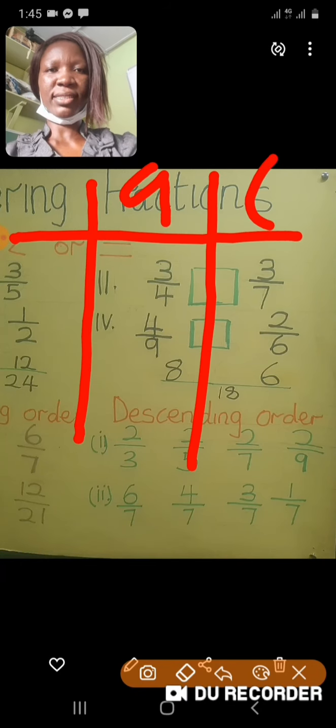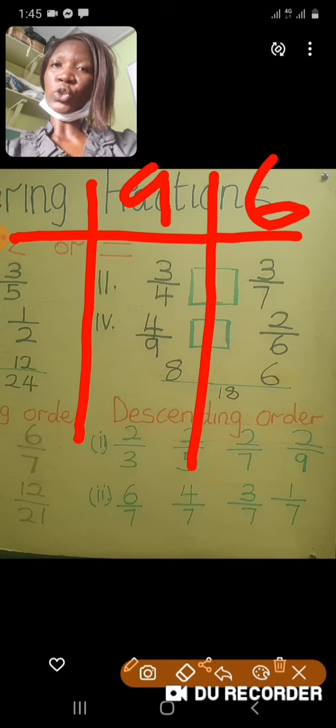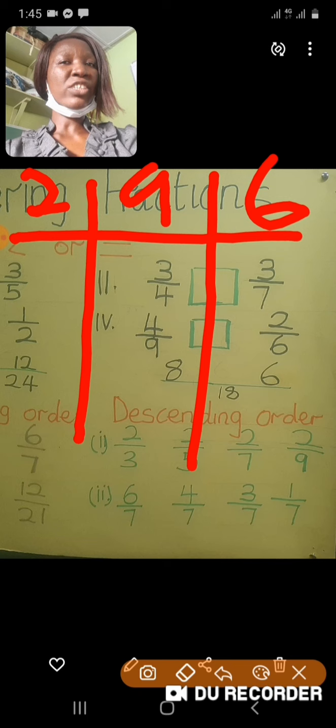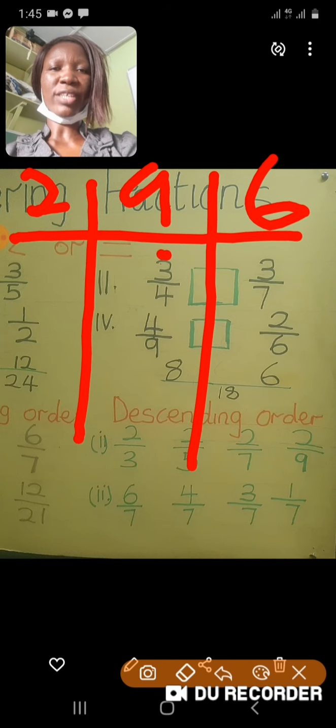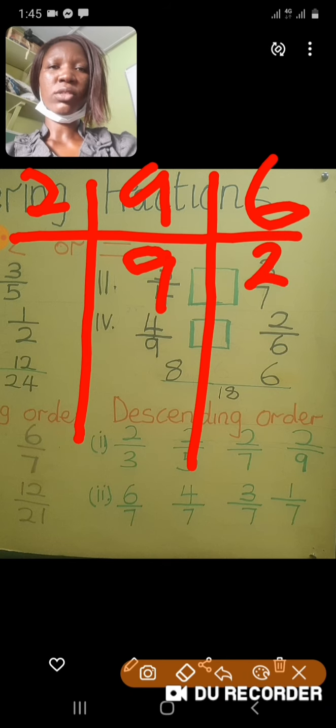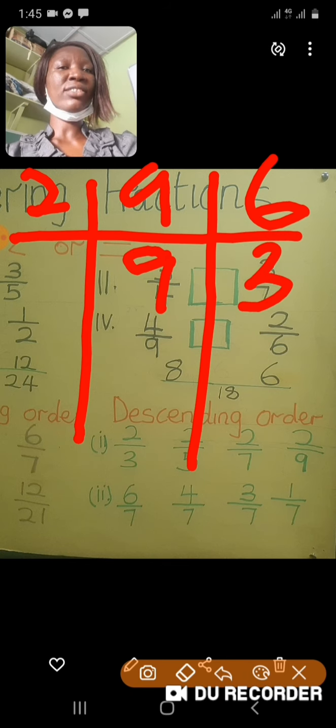Of course, we are going to use 2. How many 2 will you get in 9? No way. So you write down your 9. You remember. How many 2 in 6? 3. So we have 9 and 3.